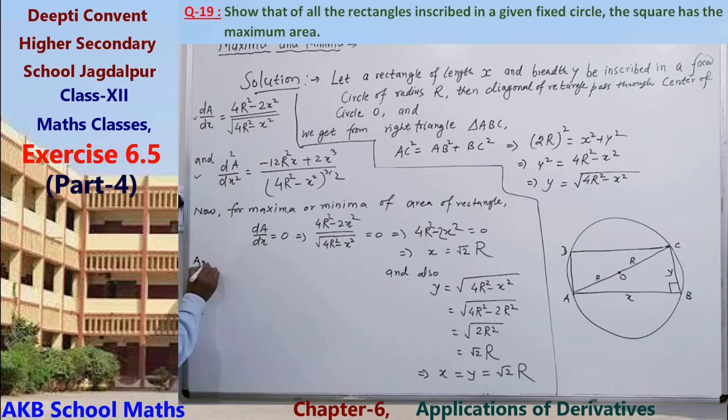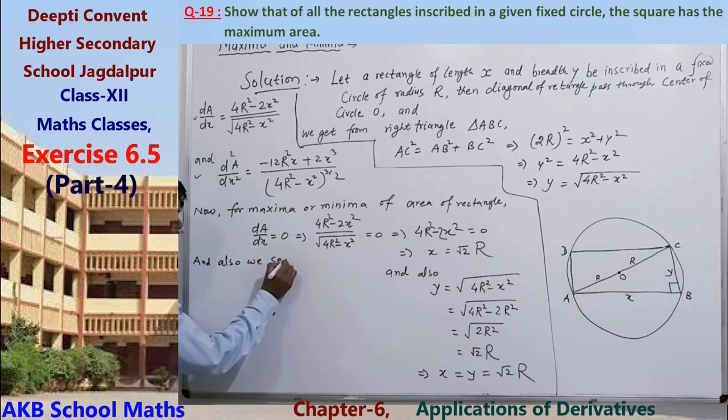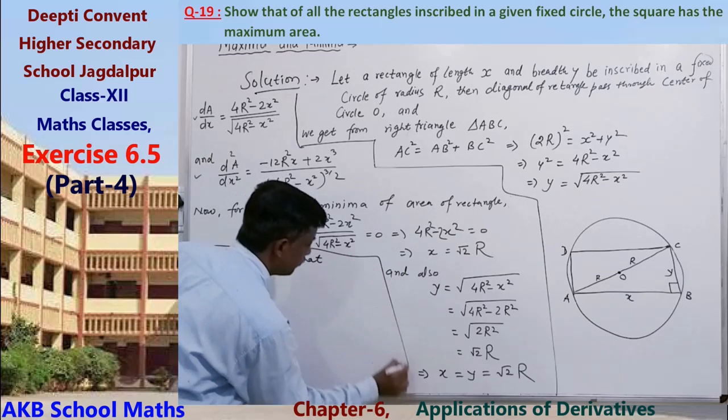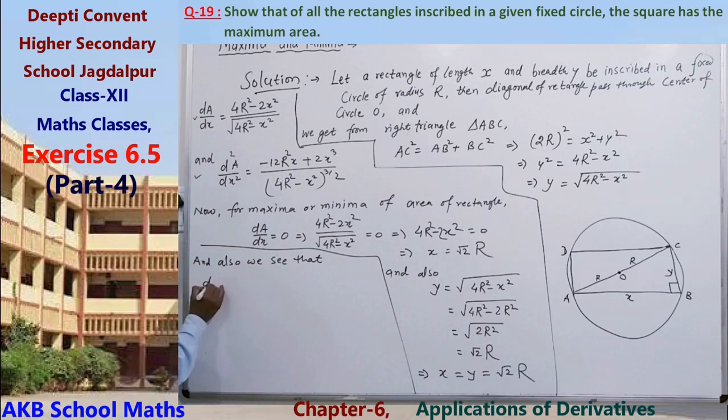And also we see that second derivative d2A upon dx square at x equals to root 2r.